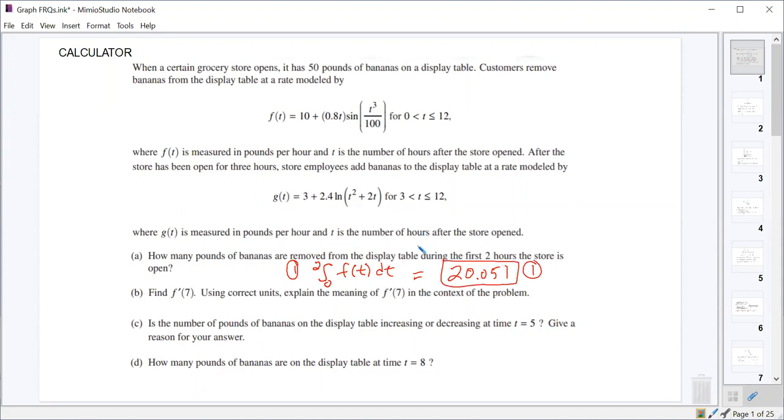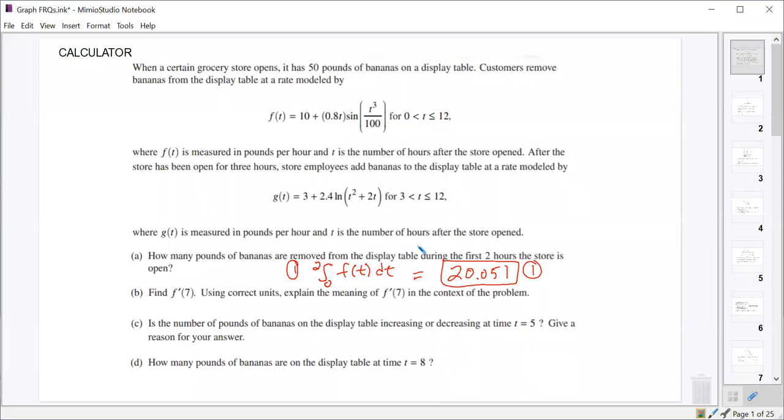Everybody good with that? Unfortunately, they'd probably only give you 1 of the 2 points. They usually give you about a 1/1000th leeway on either side on the 3 decimals.